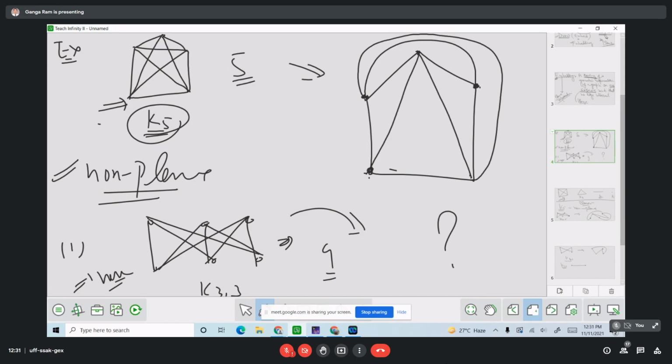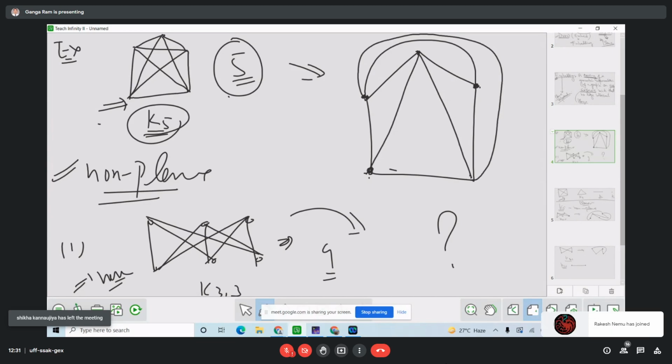Okay, so it means that a complete graph with order less than 5 will always be a planar graph, because K5 has order 5. So a complete graph whose order is 5 is non-planar. Okay, and a complete graph of order less than 5 will be a planar graph.